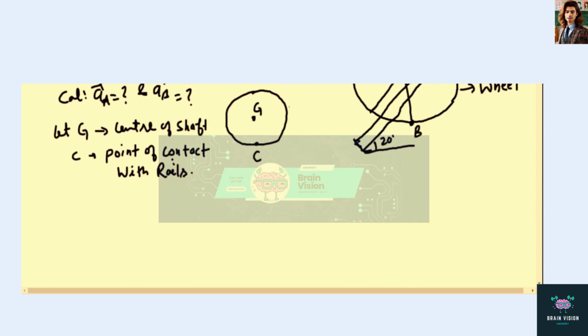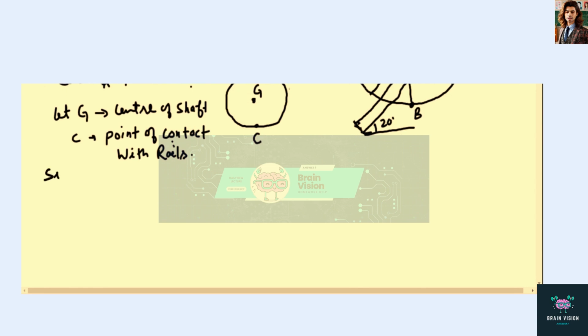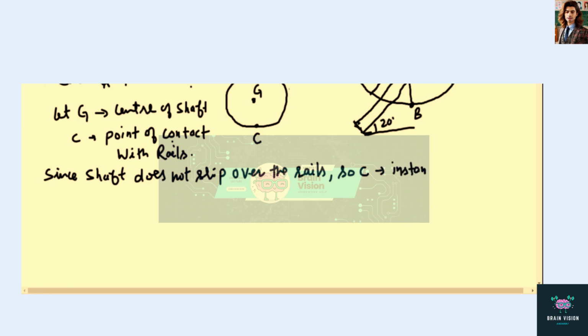Since the shaft doesn't slip over the rail, C is the instantaneous center of the wheel.